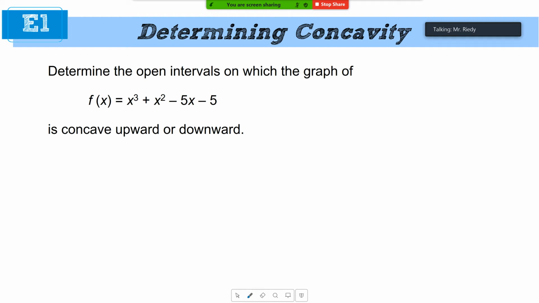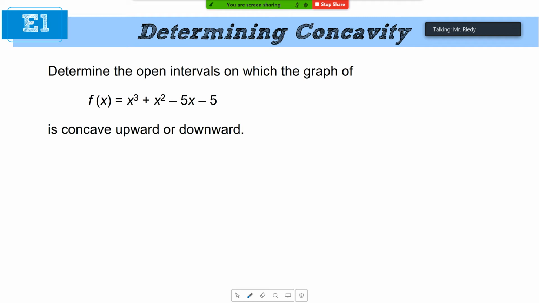So I want to know where this function is concave up and concave down. So we're going to cheat. Get out your graphing calculator, get out your Desmos, graph that cubic, and see from looking at the graph, can you determine where the function is concave up and where the function is concave down?